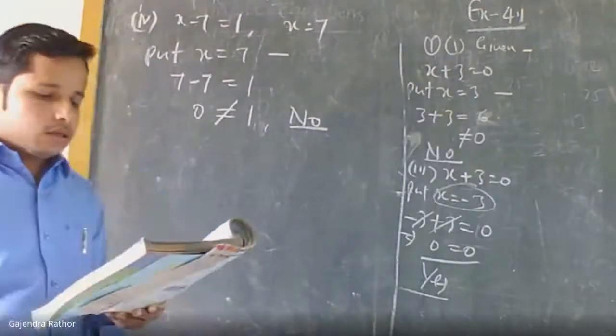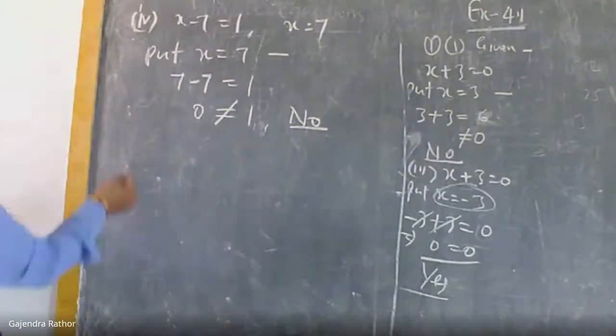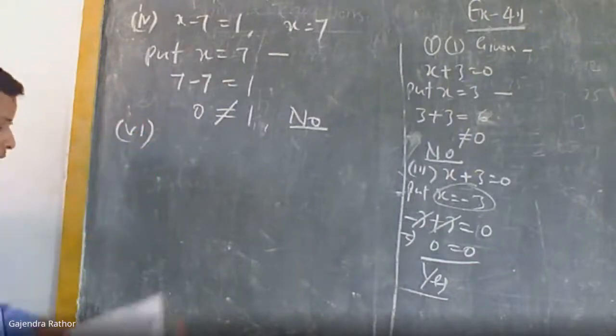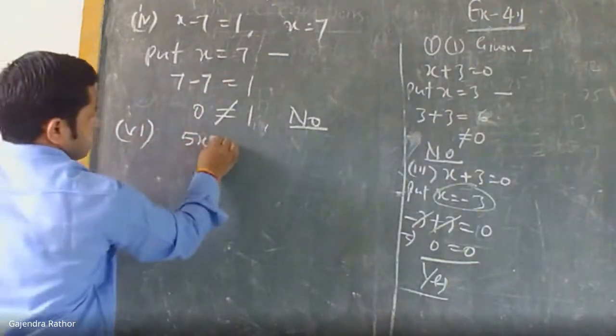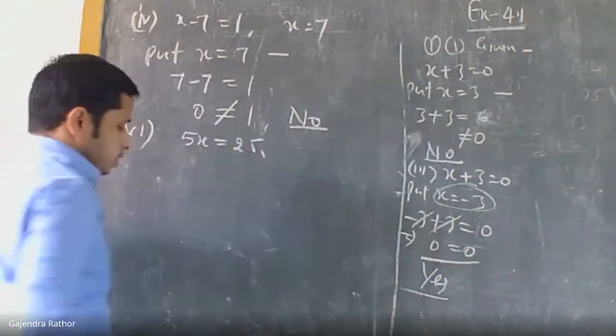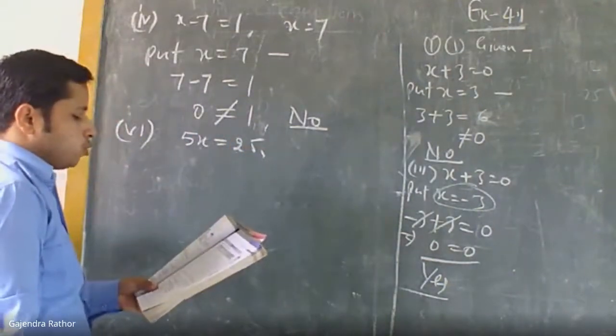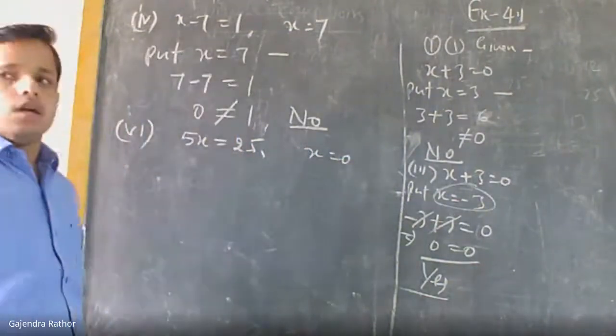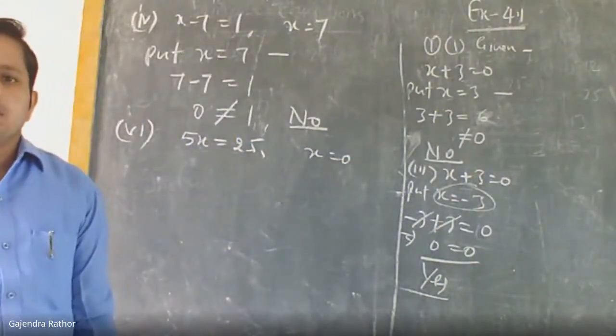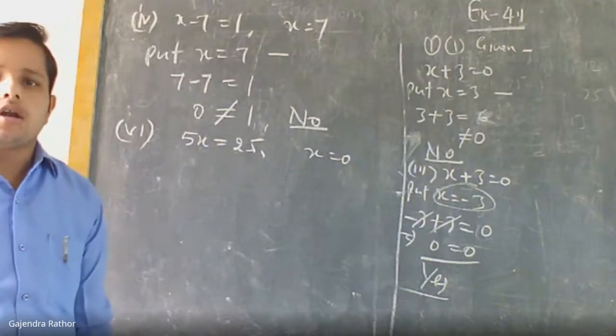The next is point number 6. The equation is 5x is equal to 25. The value given is x is equal to 0. Now let's check whether x is equal to 0 is the solution of this equation or not.